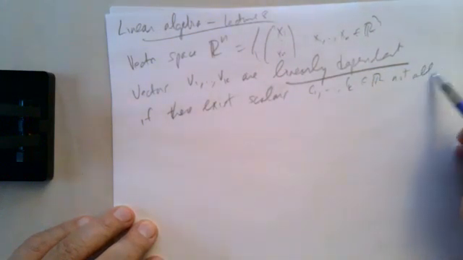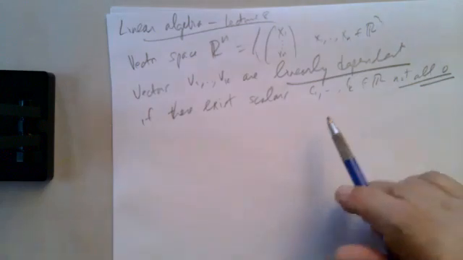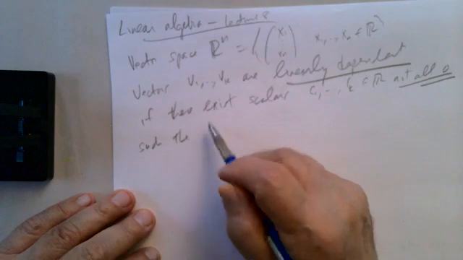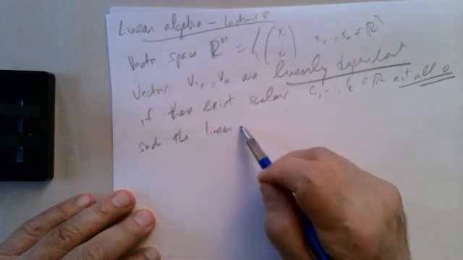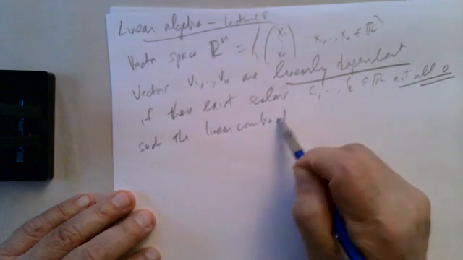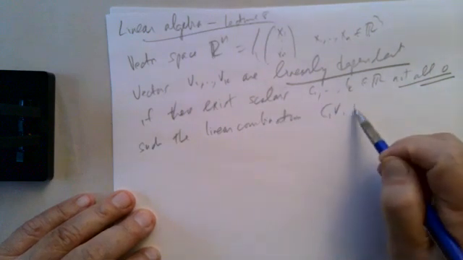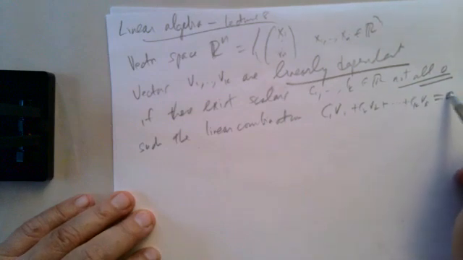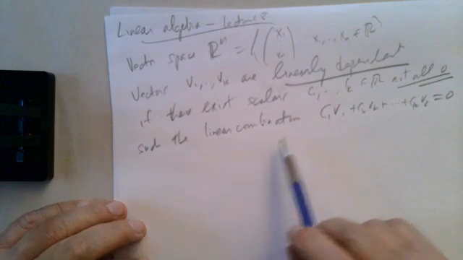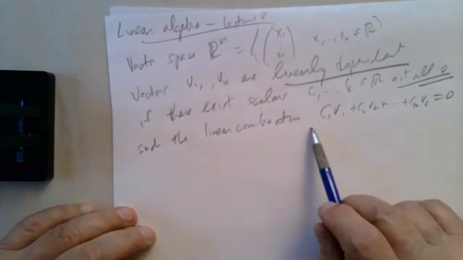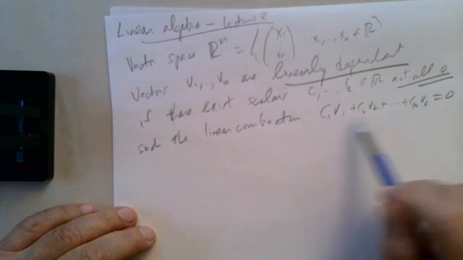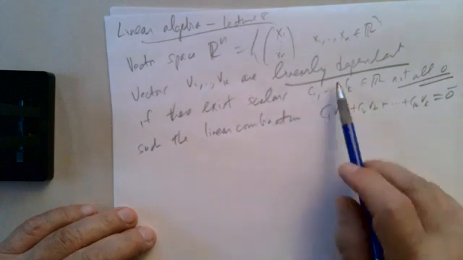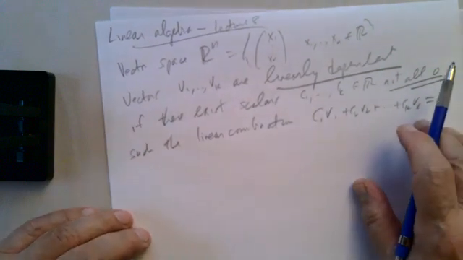And this is the important thing, not all zero. If they're all zero, it doesn't count. Not all zero, such that when you compute the linear combination of the vectors, c1 v1 plus c2 v2 up to ck vk, you get the zero vector. So if there exists one linear combination of the vectors with all of these coefficients, c1 up to ck, not all zero, and it gives you the zero vector, then the vectors are called linearly dependent.